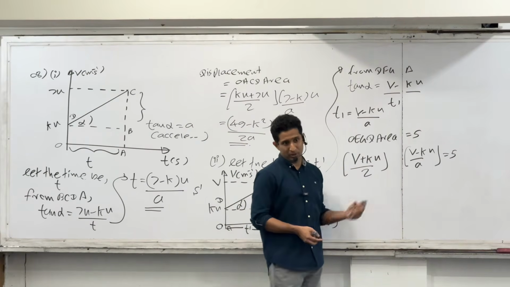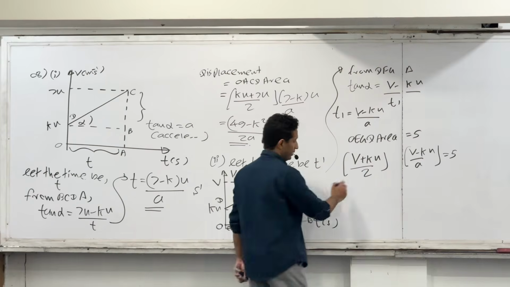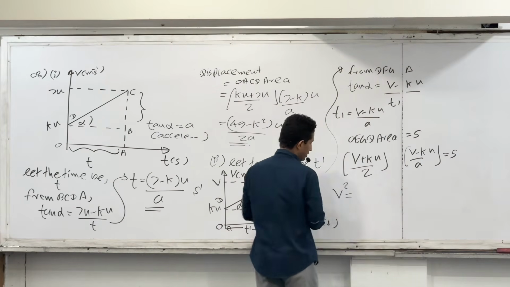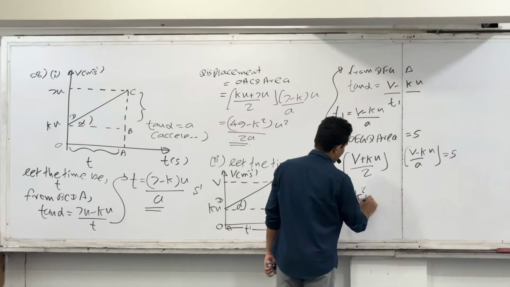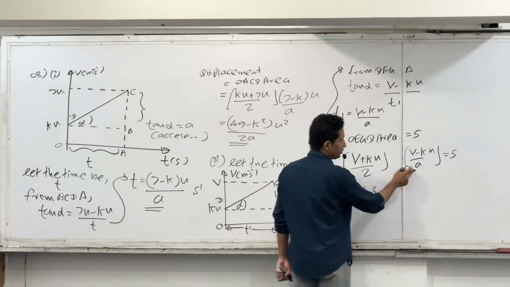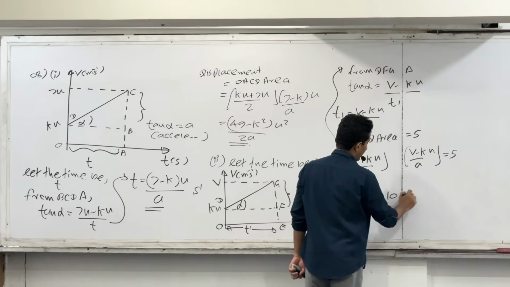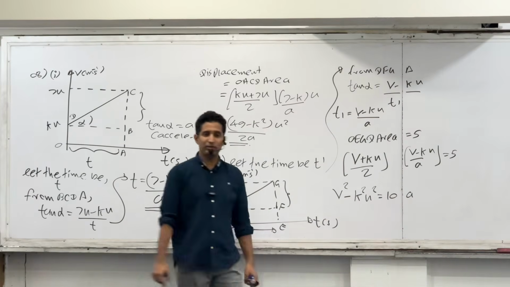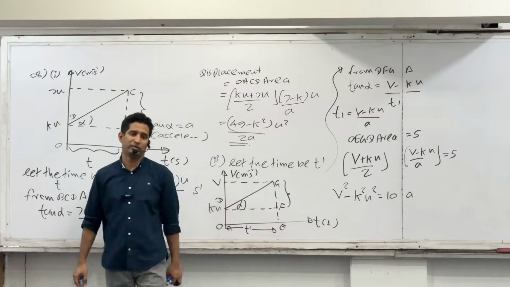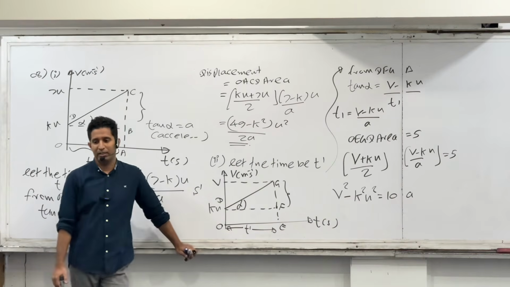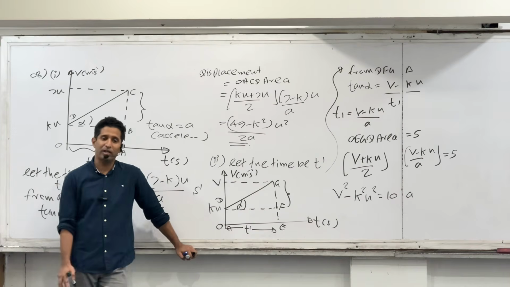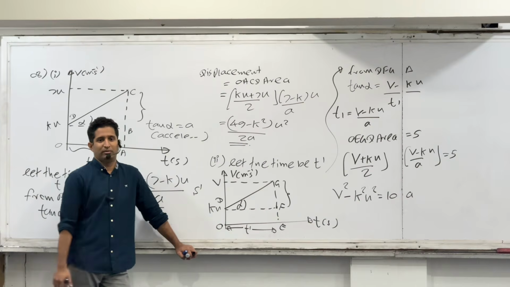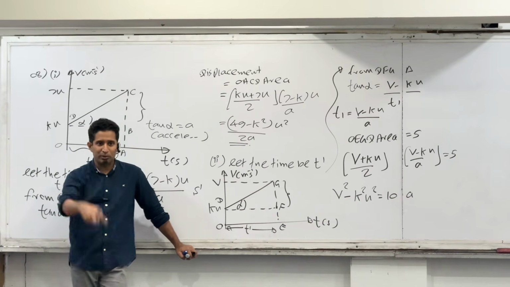Now see, V squared minus K squared U squared equals 2 times a times s. Whose result is this? V squared equals U squared plus 2as. Right? Now finding the final velocity when you know the acceleration, initial velocity and the displacement, all are related actually.